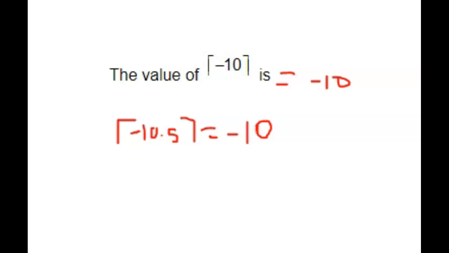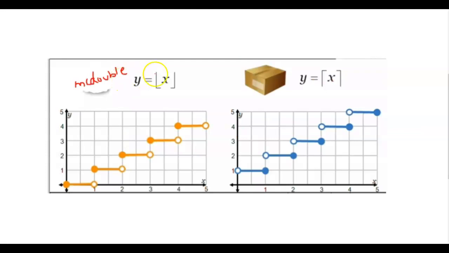Again, rounding up function. So how does the least integer function or the ceiling function compare graphically to the greatest integer function? Well, let's look at it. Notice between each interval on the ceiling function, I'm at the higher values.